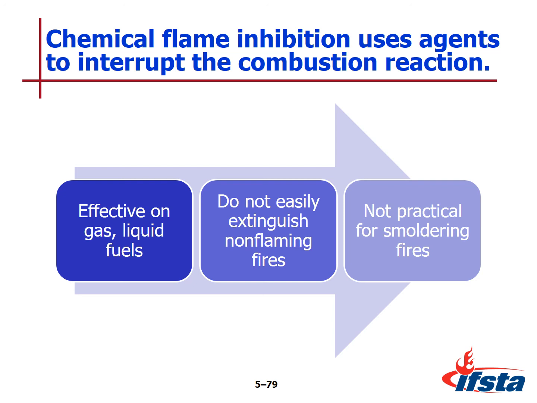The reason it works well on the gas and liquid fuel fires is it cuts off the gas from getting out. So Class B foams, which is what we use on fuel fires, it doesn't put the fire out in the sense of what we normally think.